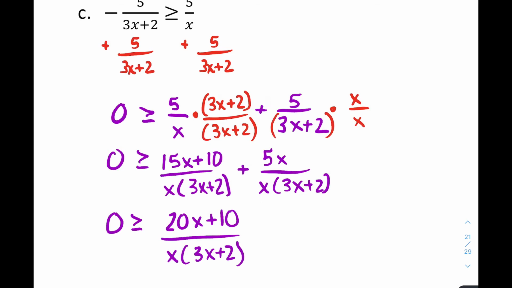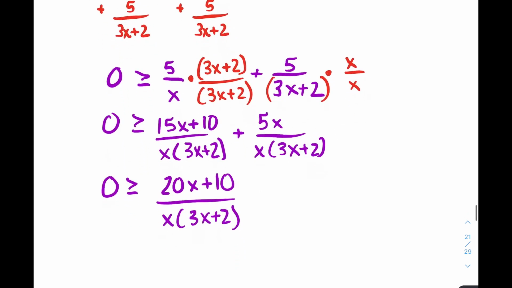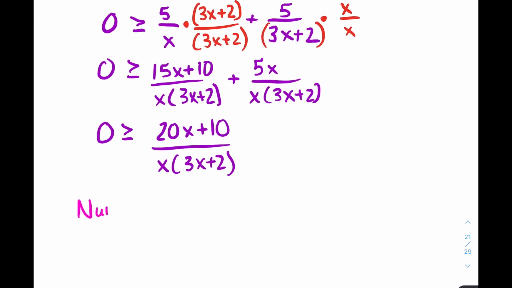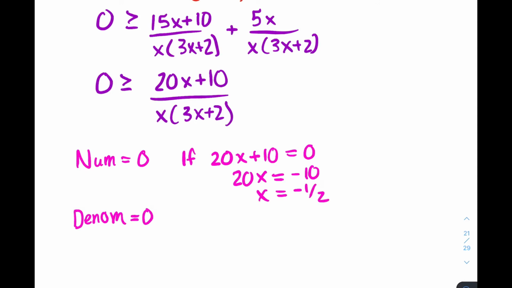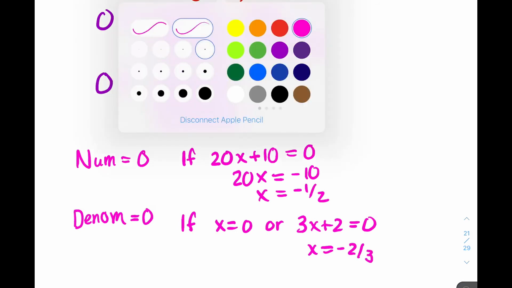And now to determine what intervals I need to test values in, let's see where my numerator is equal to 0 and my denominator is equal to 0. So the top will be equal to 0 if I have x equals -1/2. My denominator is equal to 0 if either x or 3x plus 2 is equal to 0. So that's actually in two different locations, x equals 0 or x equals -2/3.